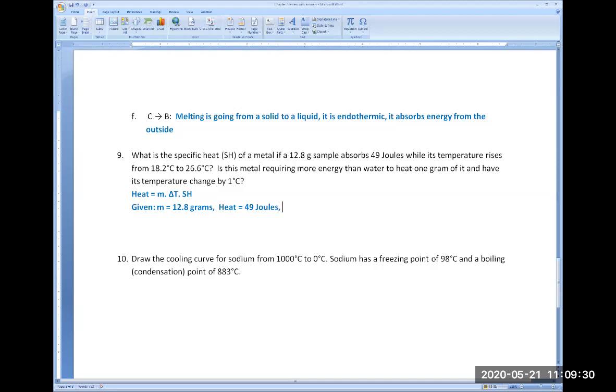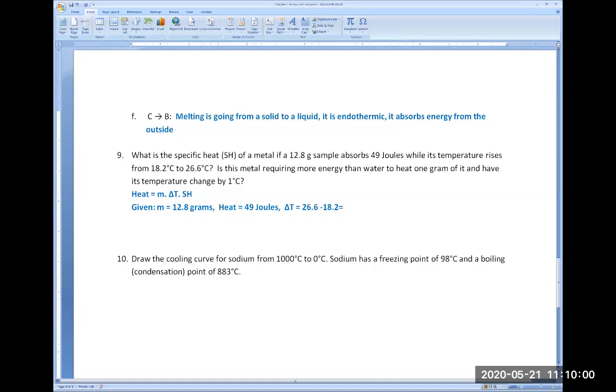And then we know the temperature, and so I'll calculate the delta T already because I know we need that. So delta T is the temperature change, and here we know it goes from 18.2 to 26.6, and you always take the larger value, 26.6, minus the smaller value when you want to calculate the change, right?